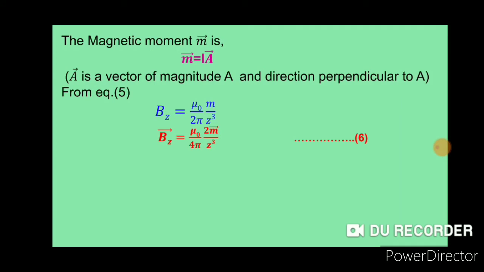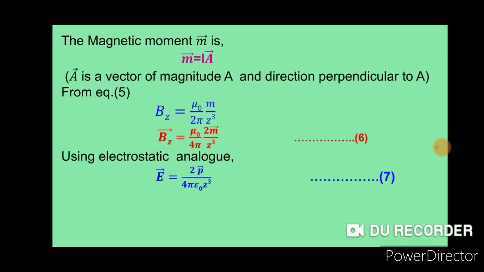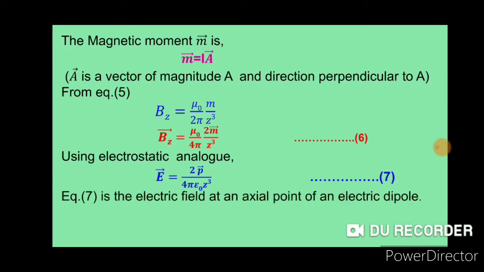Suppose equation number 6. Here note that Bz and m bar are in the same direction, perpendicular to the plane of the loop. Using the electrostatic analogue, E bar is equal to 2 p bar divided by 4 pi epsilon 0 into z cube. Equation number 7, which is the electric field at an axial point of an electric dipole.